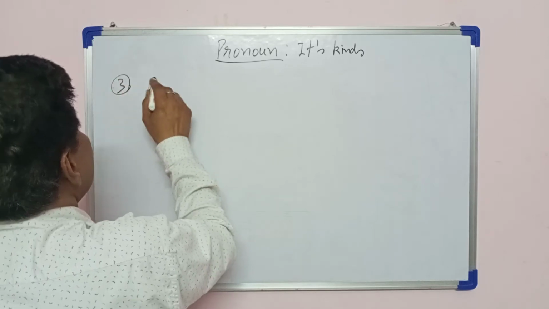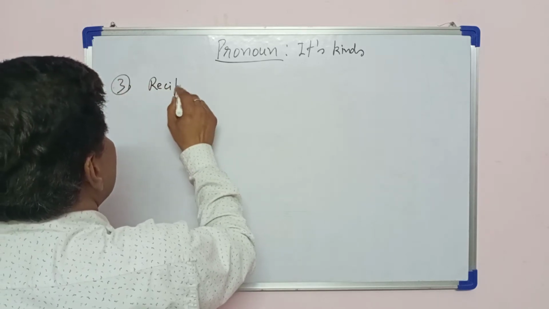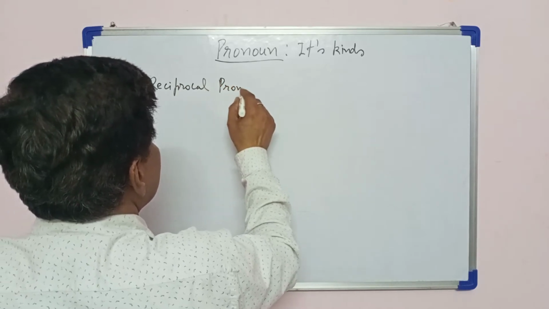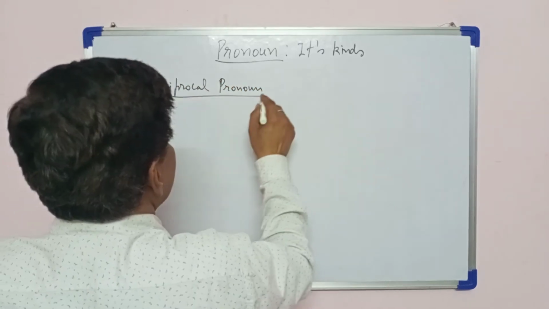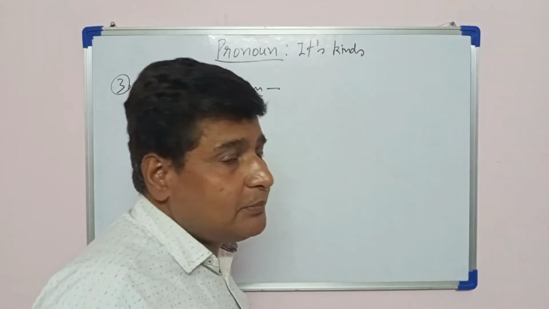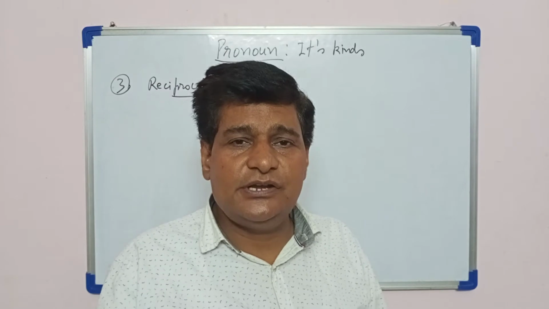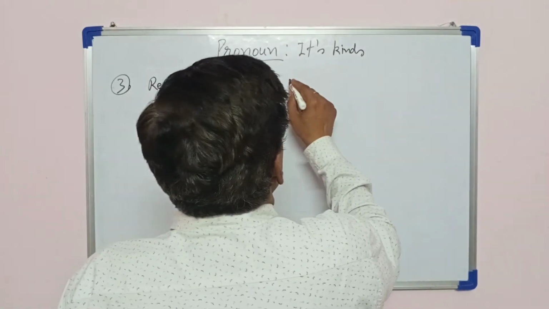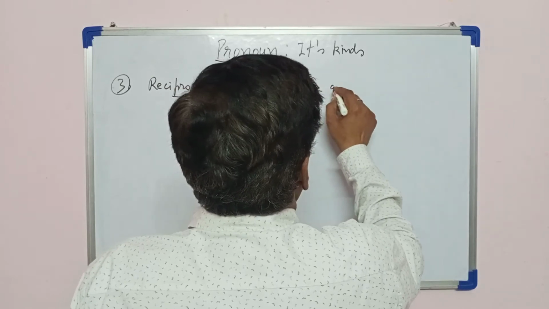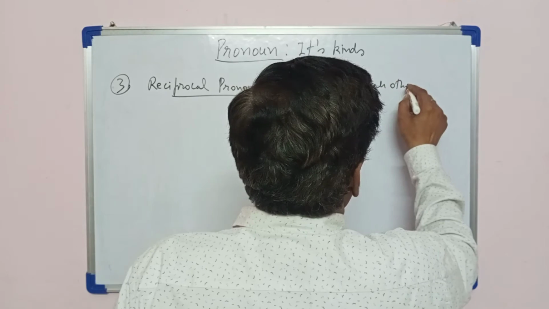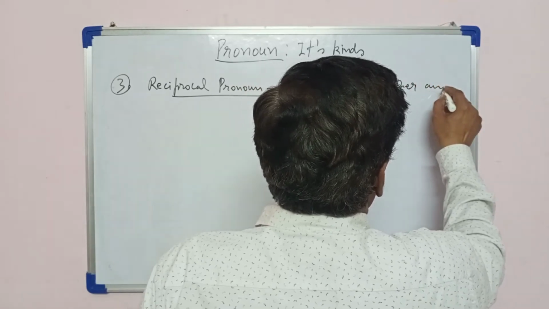This is the third one, reciprocal pronouns. Reciprocal means for each other. These are each other and one another.